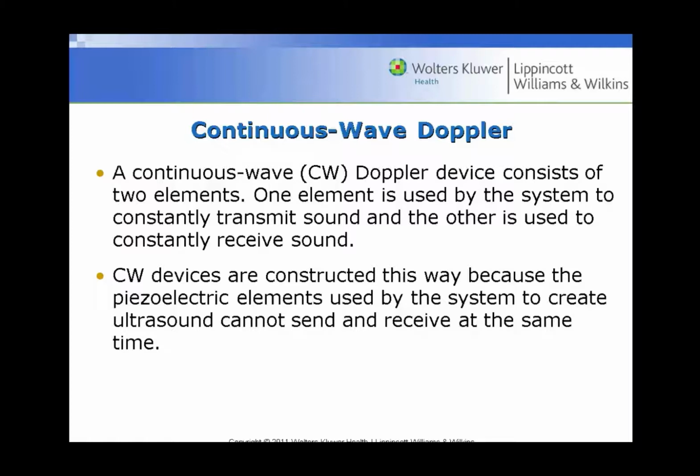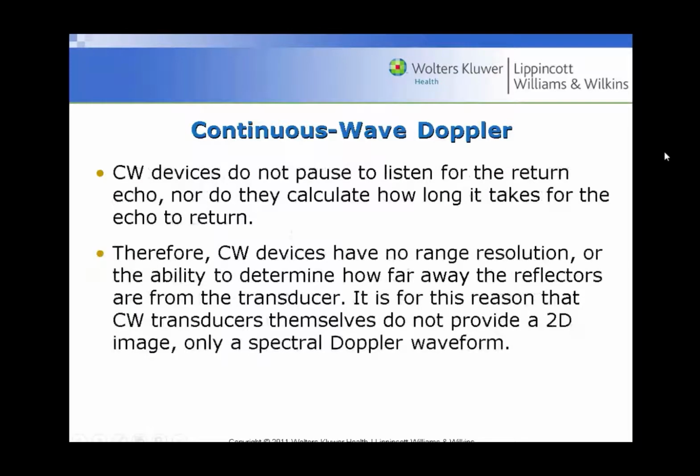But again, no image, so we're not always sure where we're at in the patient's body. So continuous wave devices have no range resolution. We don't know how far away these reflectors are, and we only get a spectral Doppler waveform.